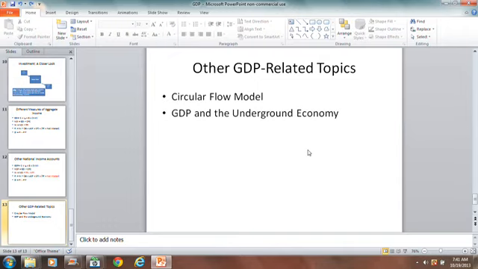And so GDP would tend to not assess those transactions initially because of their illegal nature. And so those types of transactions tend to frustrate the GDP process.